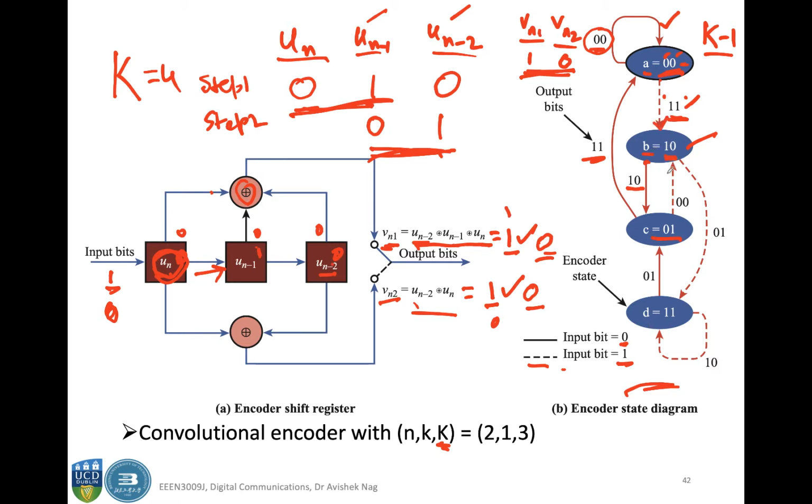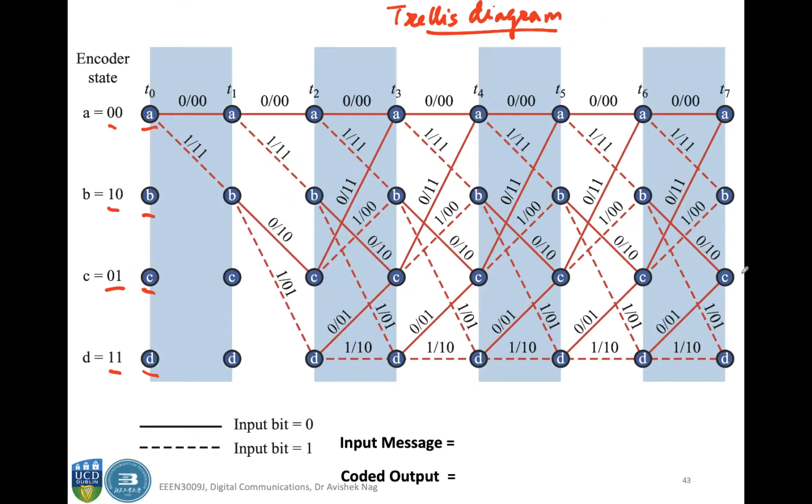And then from B, when your input is 1 again, you are going to state D, denoted by this arrow. Each transition of the state diagram, you just extend on the time axis. So this is the initial time t0, and at t0 you are in state A, which is 0 0.